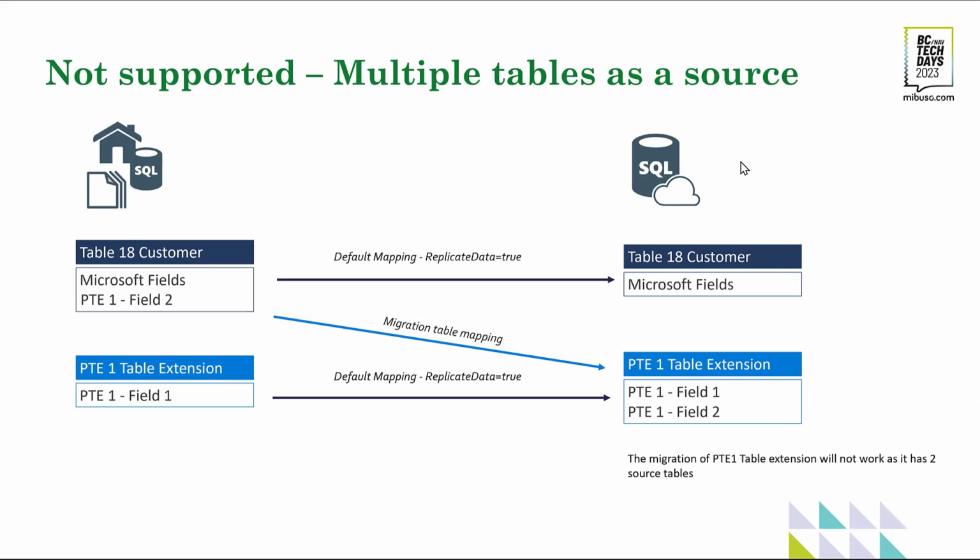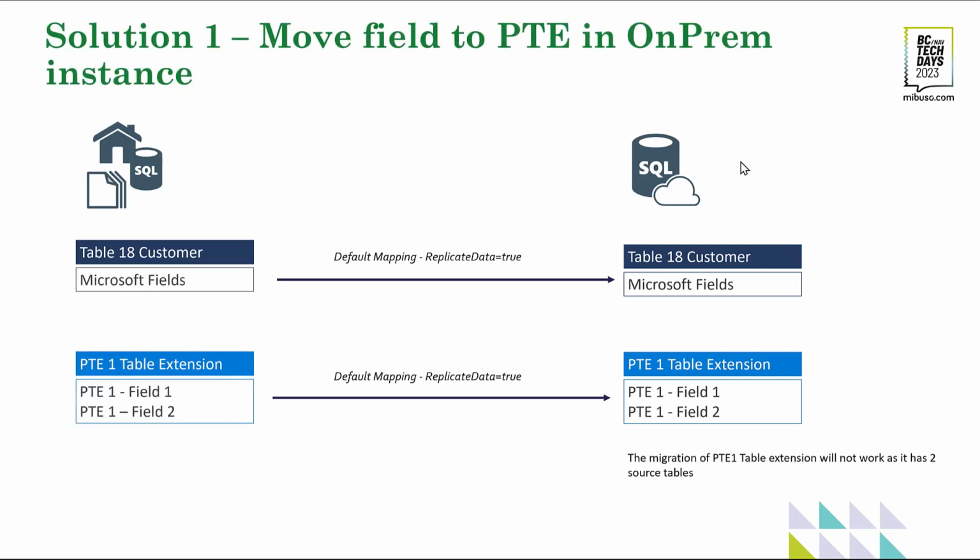If you do it like this, it is not going to work, because the table extension is now replicated from 2 sources, and that is simply not supported by the engine. The engine is not able to merge the data coming in from 2 tables into a single target table.